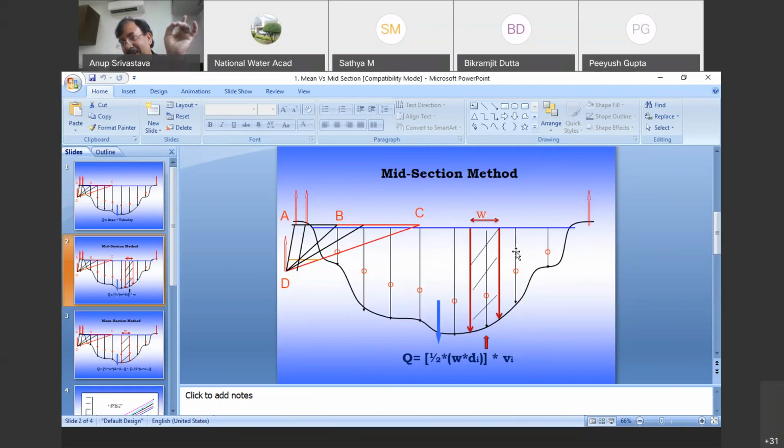So it gives you the total distance between these two RDs. Half of that will give you this width, because this width we have not measured. We have actually measured this RD, this RD, and this RD. This thick red line we have not measured.